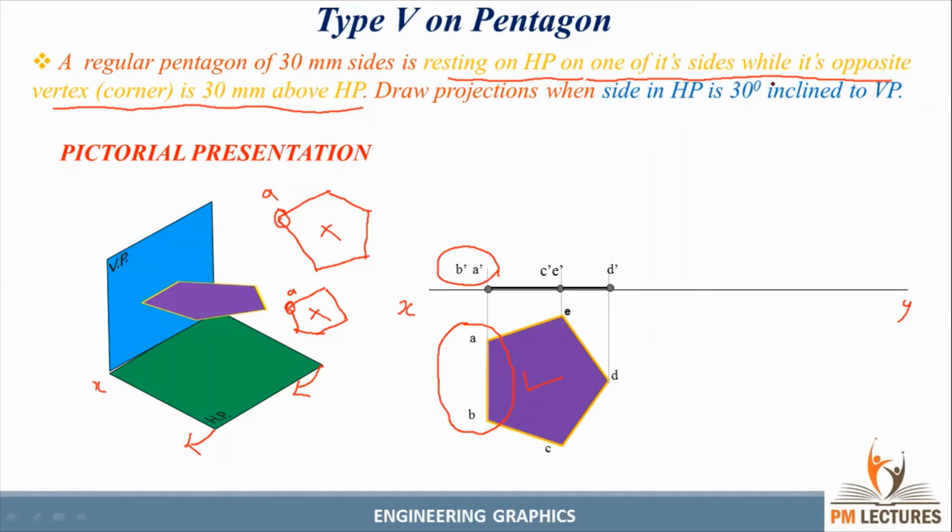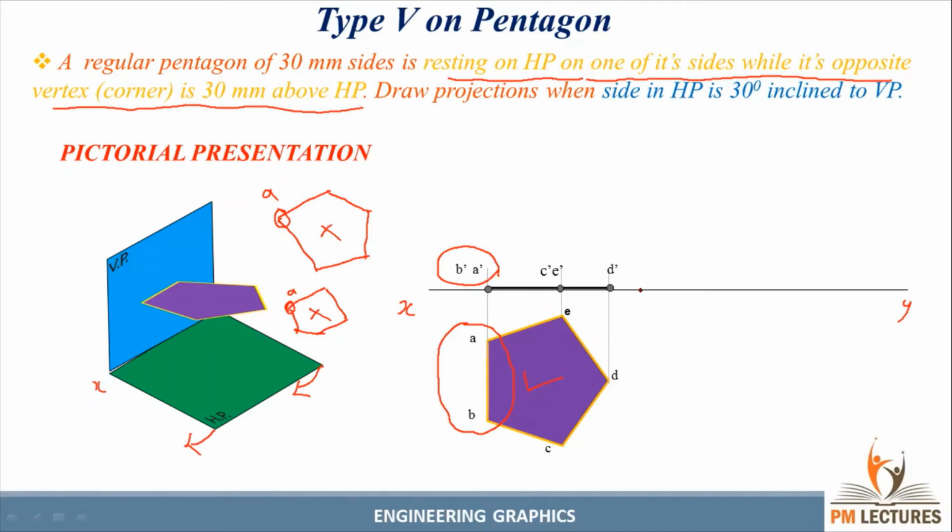But here the surface inclination is given in an indirect way: the corner is 30 mm above HP. So here this is a corner. For the opposite corner, we need to raise it by 30 mm.